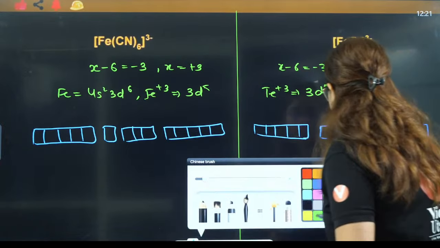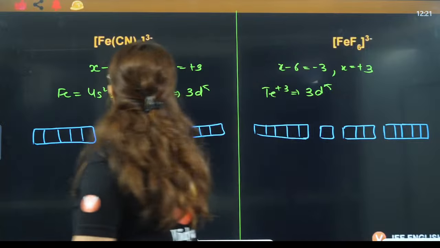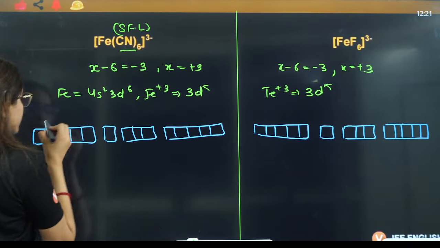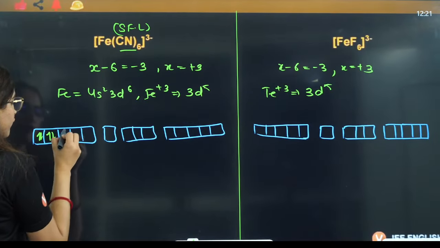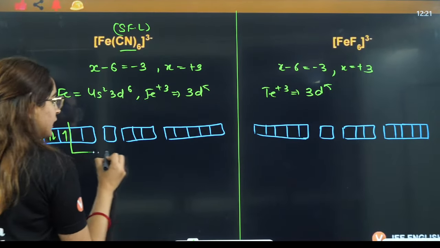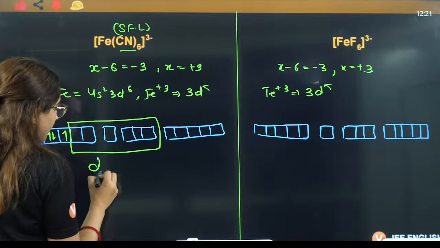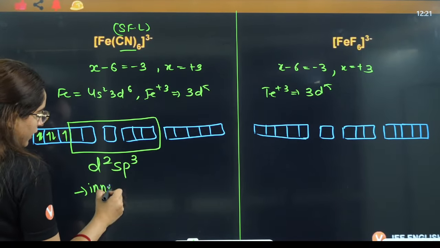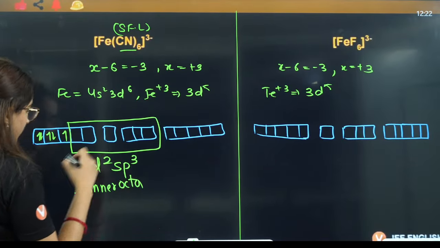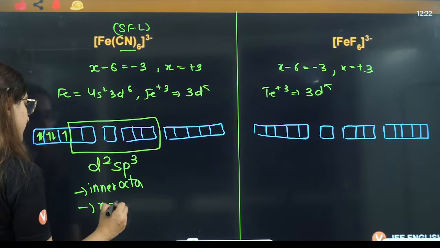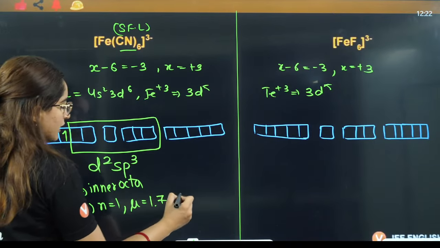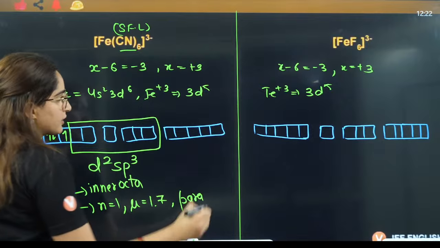Now fill the electrons, 5 electrons. This is a strong field ligand, so it will cause pairing. So it will be 1 2 3 4 5. So there will be d2sp3 hybridization. It is inner octahedral. Number of unpaired electrons is 1. Mu is equal to 1.7. So that is why it is paramagnetic.